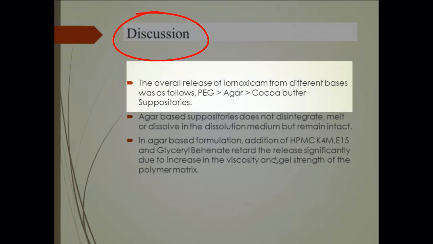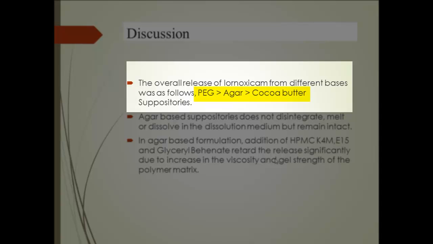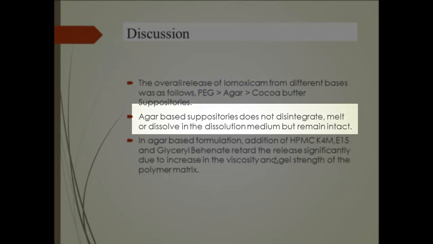Discussion. The overall release of lonazepam from different bases was as follows: the highest is PEG, followed by agar and cocoa butter suppositories. The dissolution study shows that the agar-based suppositories do not disintegrate, melt, or dissolve in the dissolution medium but remain intact.